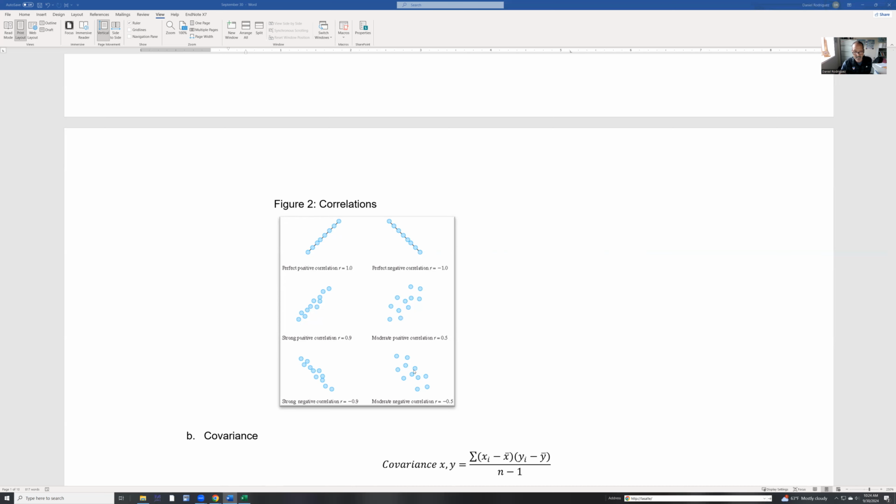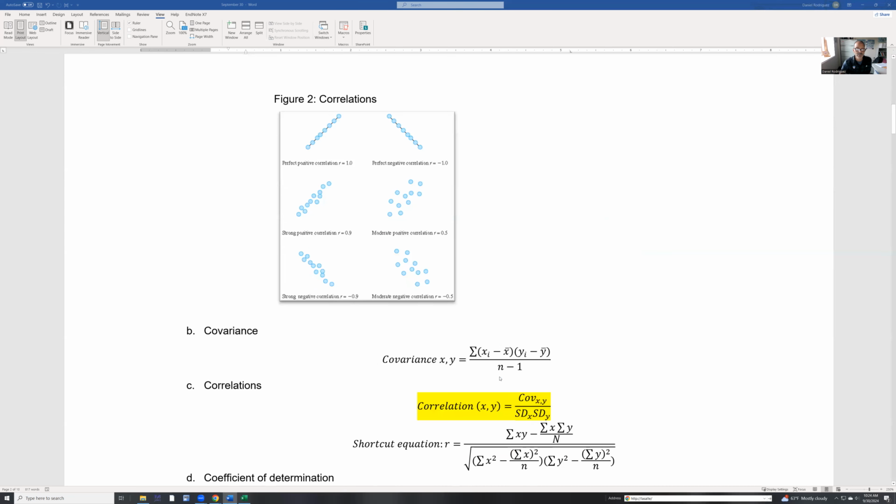And then here it's the negative reflection of the 0.5 positive correlation, okay? And it's going downwards from left to right. So that should give you a good visual. I mean, you can get a lot more scattered than that. Generally, it's rarely ever this perfect.